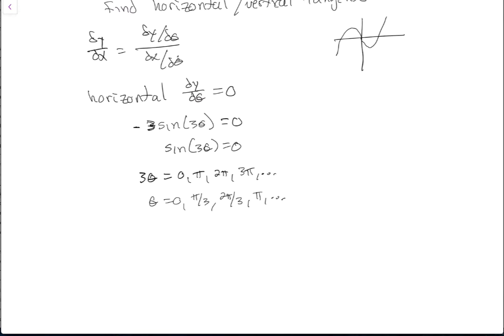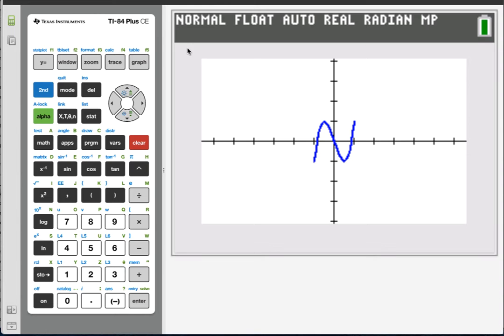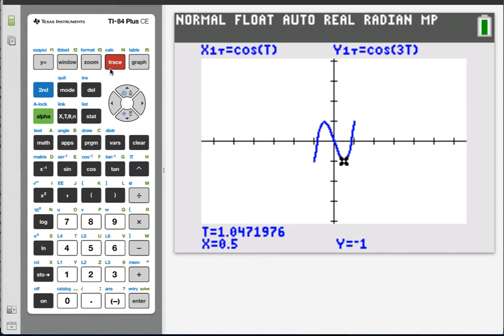Now remember, when we graphed this equation, we were graphing for theta between 0 and pi to give us that one period. Coming back to my graph, if I trace to theta equals 0, notice we're picking up an extraneous solution here. Theta equals 0 does not correspond to a point where my tangent is horizontal. We'll discuss why in a moment.